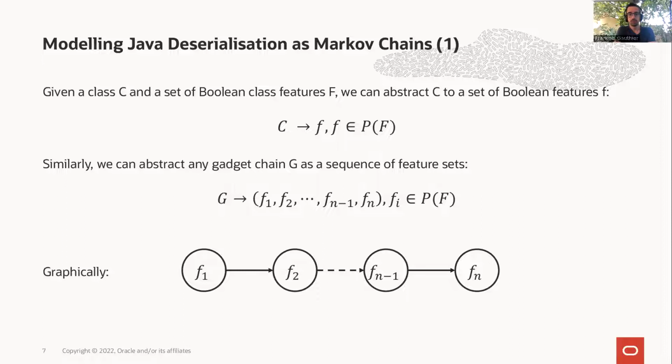The first thing we need to do is to convert a class in a serialized stream into a set of features. We simply map a class to a set of features, and then given a serialized stream, we look at each class in the stream in sequence, and abstract the whole stream as a sequence of feature sets, F1, F2, and so on, up to Fn.